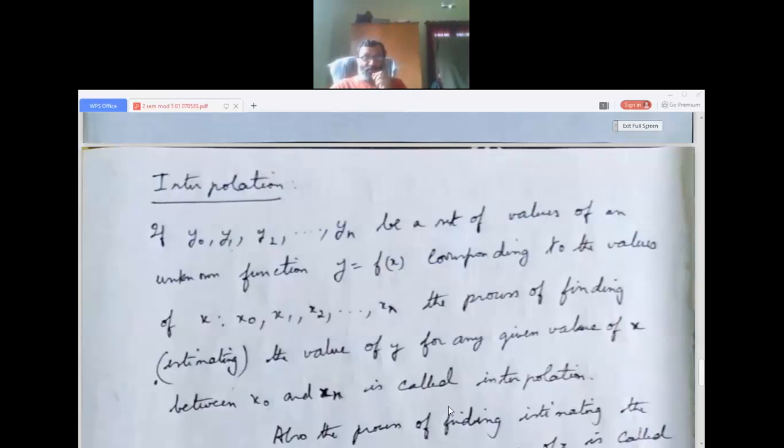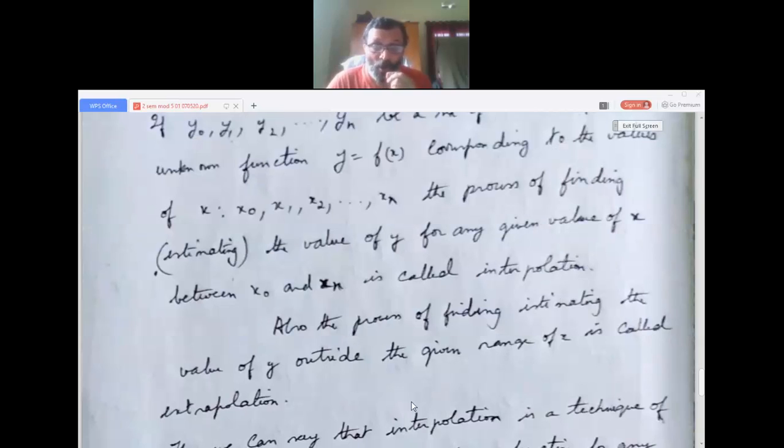The process of estimating the value of y for any given value of x between x0 and xn is called interpolation. Also, the process of finding or estimating the value of y outside the given range of x, that is outside x0, x1, x2 till xn, is called extrapolation.